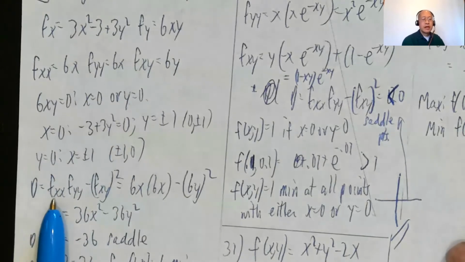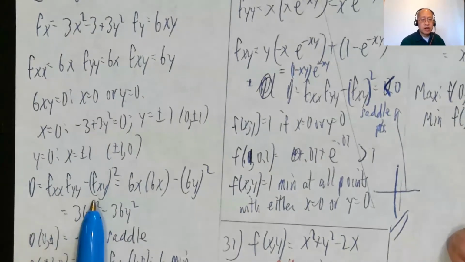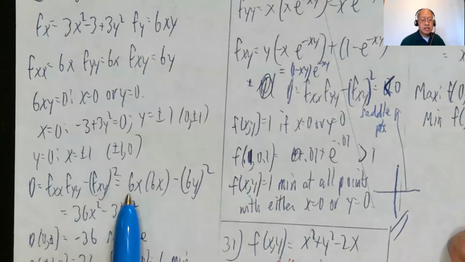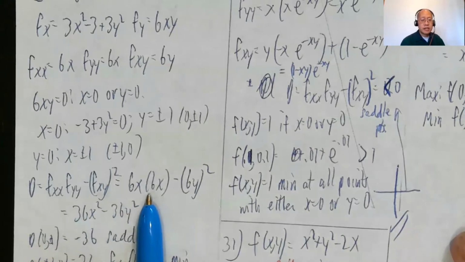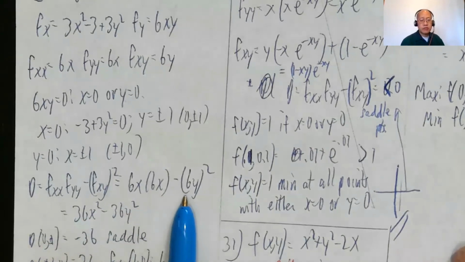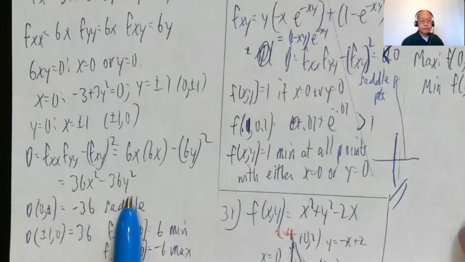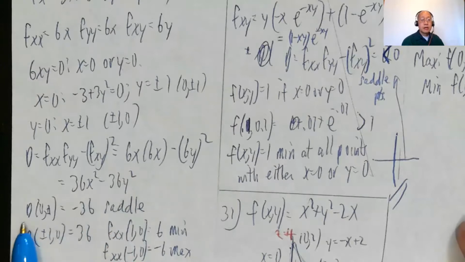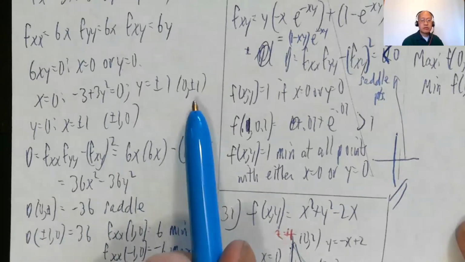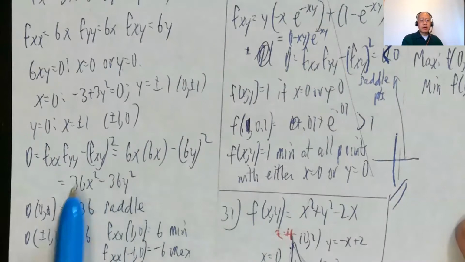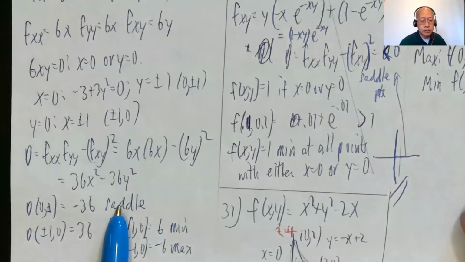Figure out the D. fxx times fyy minus fxy squared. fxx is 6x. fyy is 6x. fxy is 6y quantity squared. 36x squared minus 36y squared. Okay, D at (0, plus or minus 1). If x is 0, y is plus or minus 1, you get negative 36. Those are saddle points.